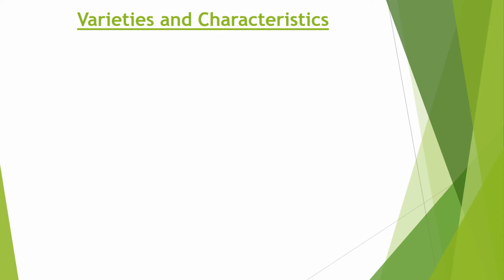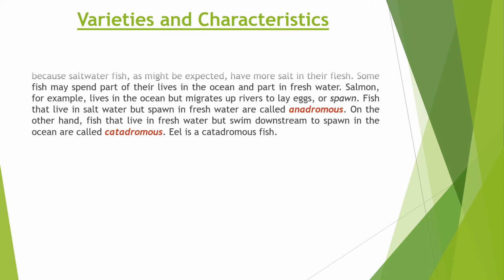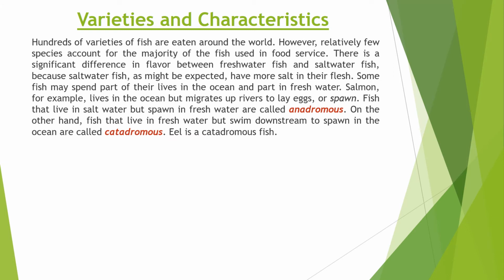All right, varieties and characteristics. Hundreds of varieties of fish are eaten around the world. However, relatively few species account for the majority of the fish used in food service. There is a significant difference in flavor between freshwater fish and saltwater fish, and that is very true.